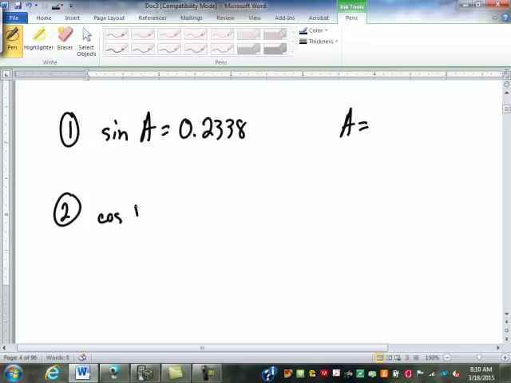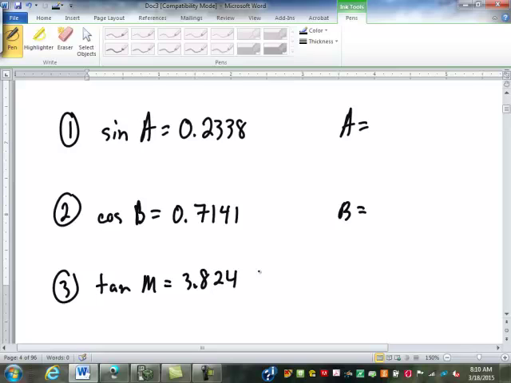Cosine of B, 0.7141. Find out what angle B is. And tangent of angle M is 3.824. Find out what angle M is.